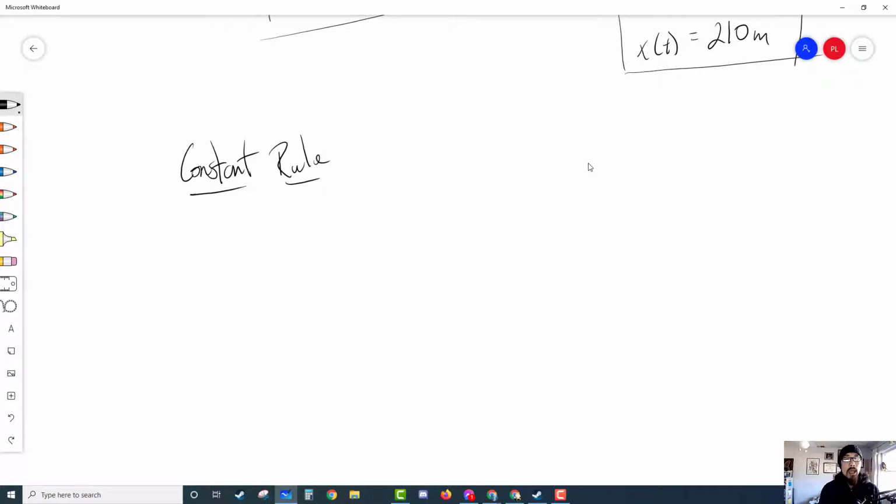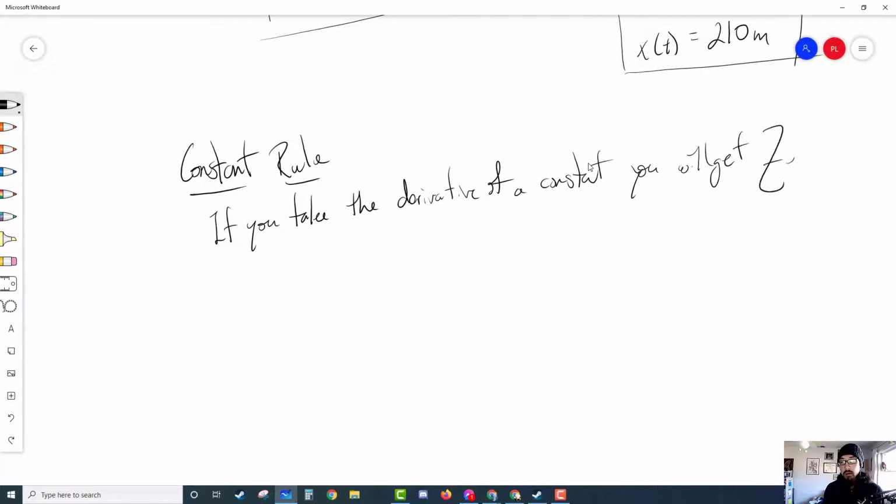So the constant rule tells us if you take the derivative of a constant, you will get 0 as the derivative. Now, once again, your calculus teacher will go into why this is the case and have a more formal definition. But for the sake of our class and for just being able to get through the ideas and the problems, this is the rule that we will abide by.